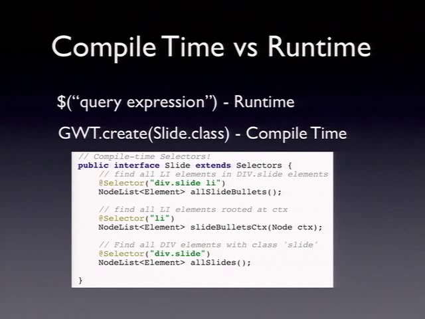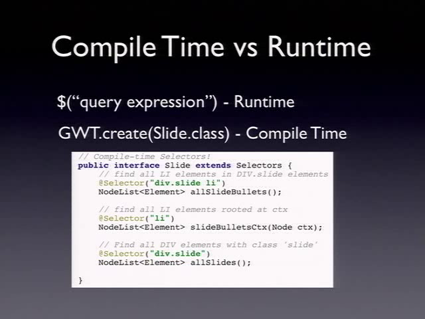The way you do that is quite simple. If you've used something like the GWT image bundle before, it's kind of similar. You make an interface. Here I have public interface Slide, and I extend another interface called Selectors. Then for each selector that I want to run, I declare a method. Here I have a method called allSlideBullets, another one called SlideBulletsContext, another one called allSlides. Then you use a Java annotation, @Selector, to tell it that when you call allSlideBullets, I want it to return the result of executing div.slide li.